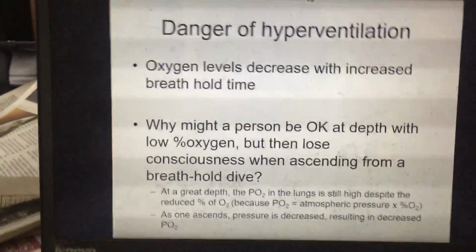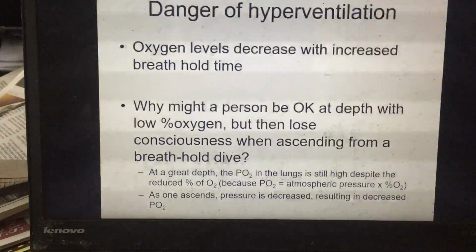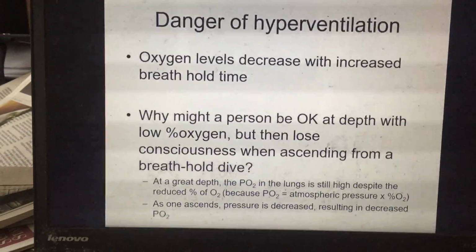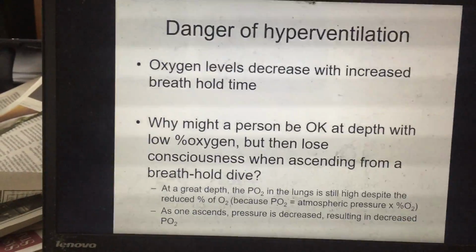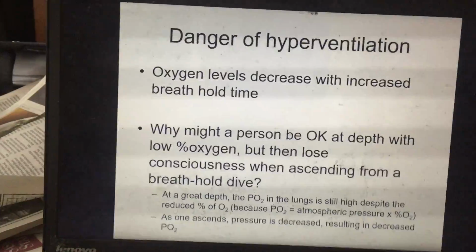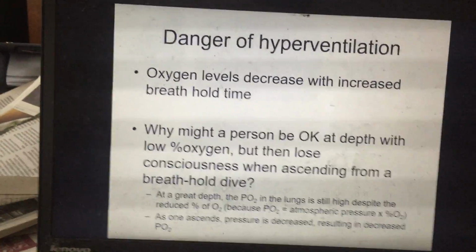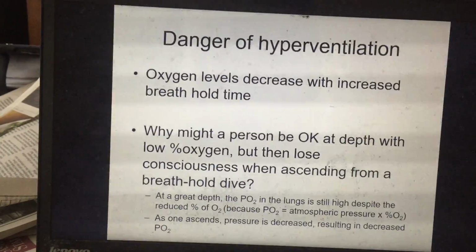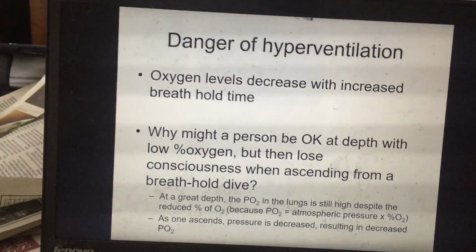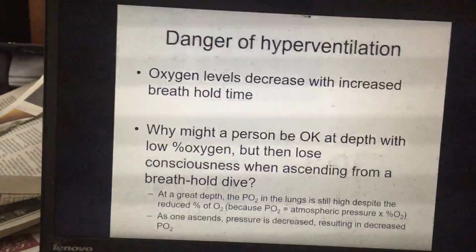A problem that people have when they come up from a breath hold dive is called shallow water blackout, in that you might have too much of a decrease in PO2 when you come up from the dive and you're in shallow water. Often people will pass out in the shallow water as they've come up from a dive, because this decrease in pressure decreases the partial pressure of oxygen in your lungs.